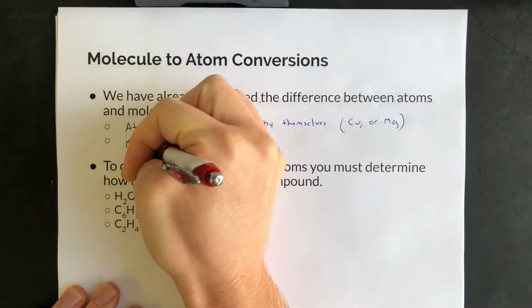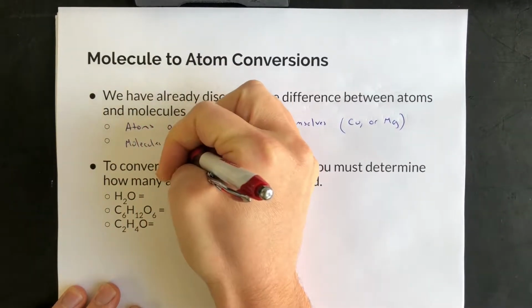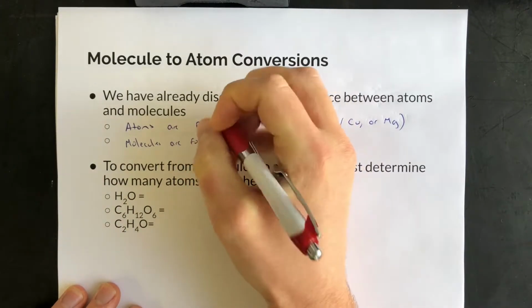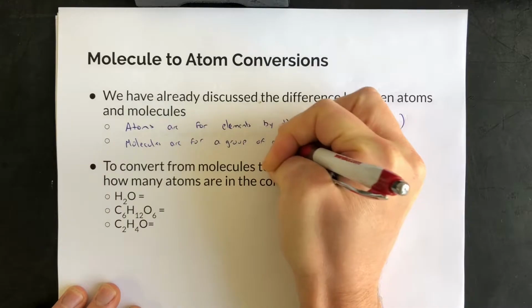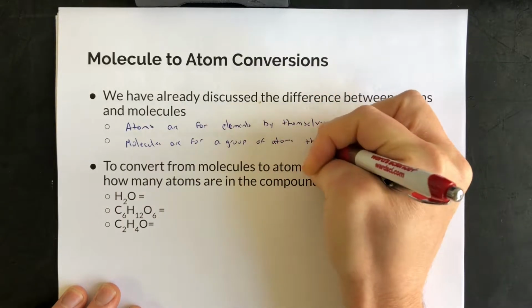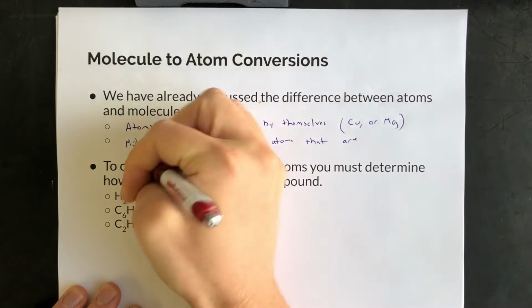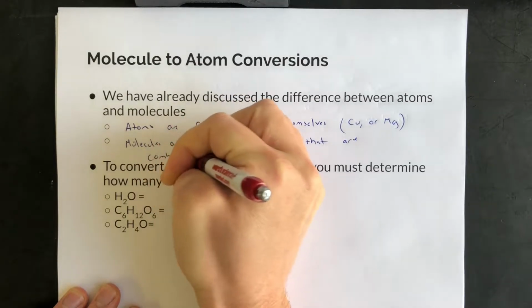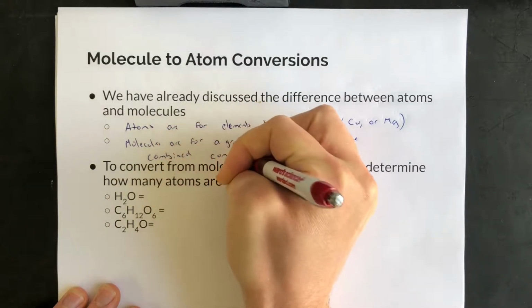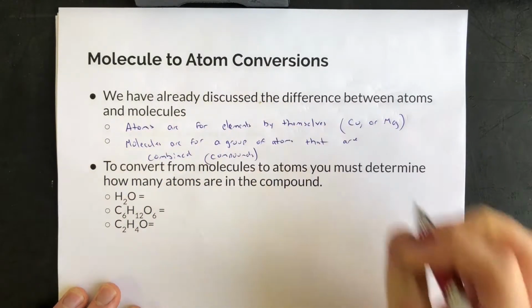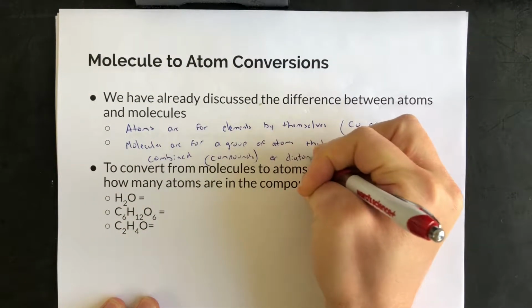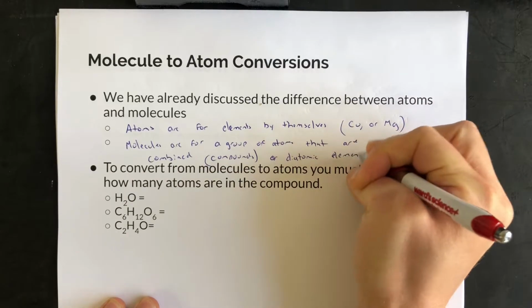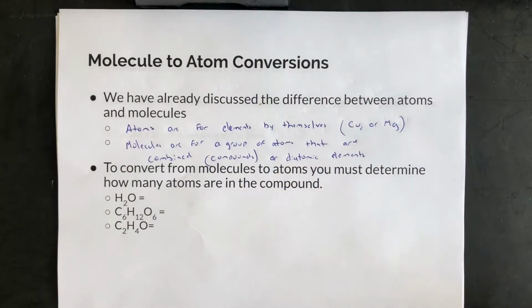Molecules, on the other hand, are for a group of atoms that are combined. Most times it's going to be your compounds, things like H2O, CO2, or it can also be your diatomic elements, things like O2, N2. Any of those would also be considered a molecule.